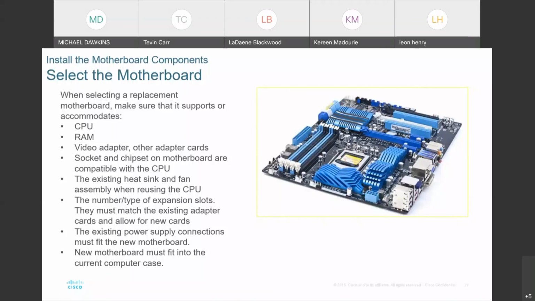All right, and new motherboards must fit into the computer case. So look into all these factors. You will realize that it is critically important when you are diagnosing and making decisions. You have to take into consideration all these points right here.